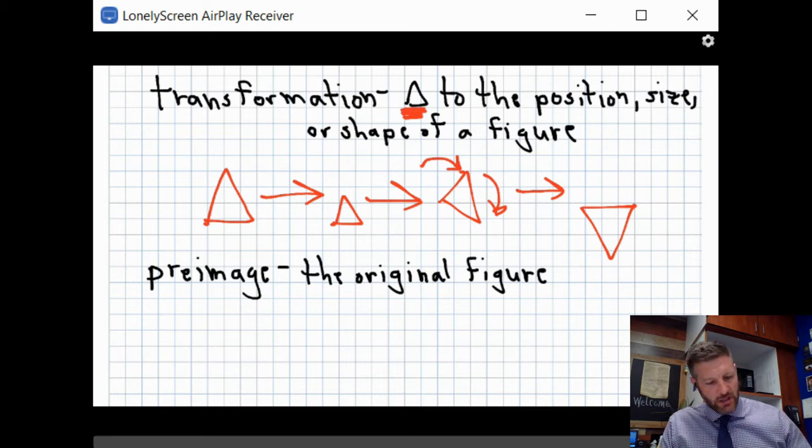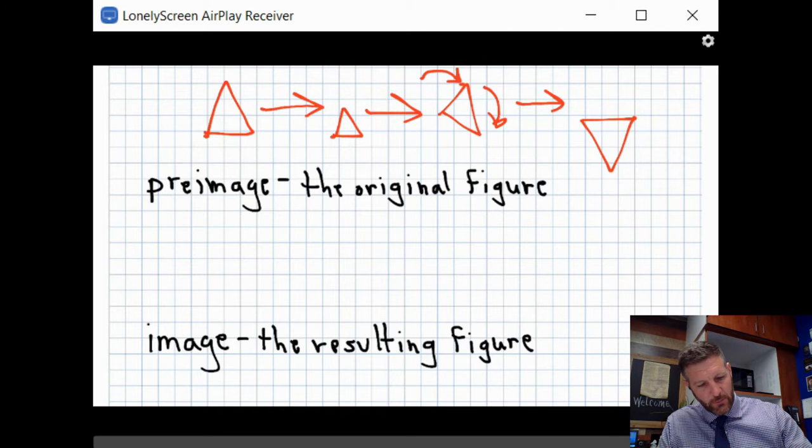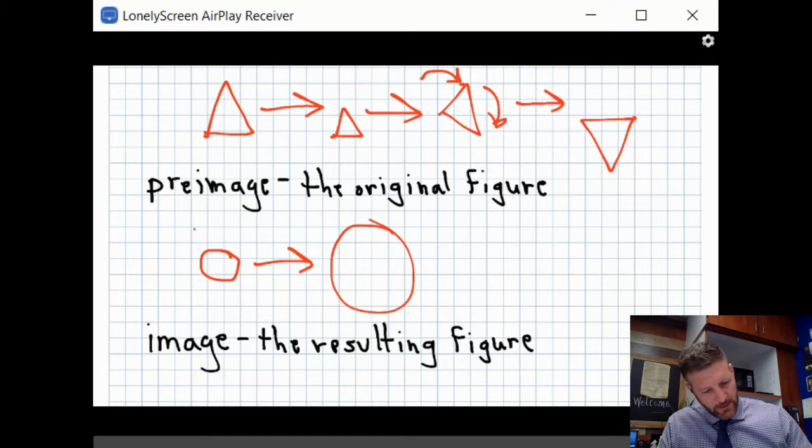One other piece of definition for transformations is the idea of a preimage and an image. So a preimage is the original figure. So if I start with a circle and the transformation grows it into something bigger, this right here would be the pre-image. Pre meaning before is pretty helpful.